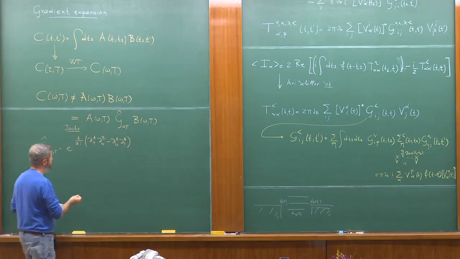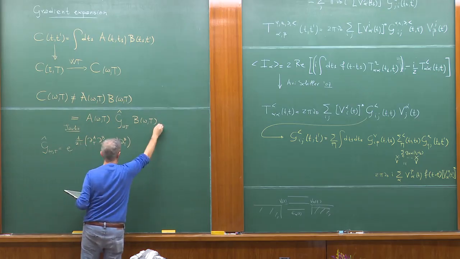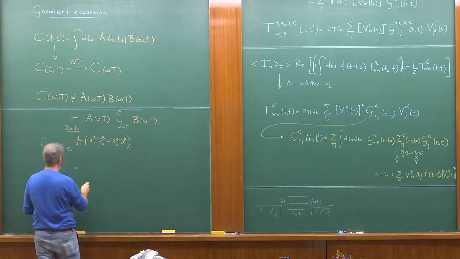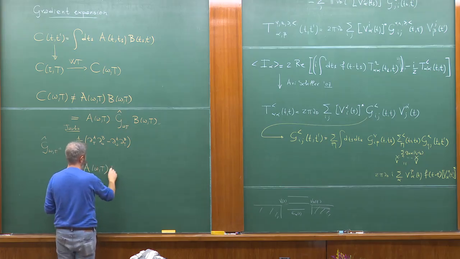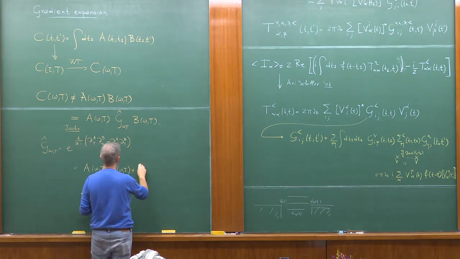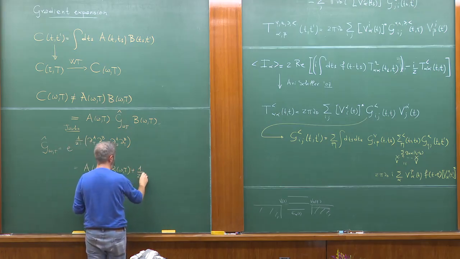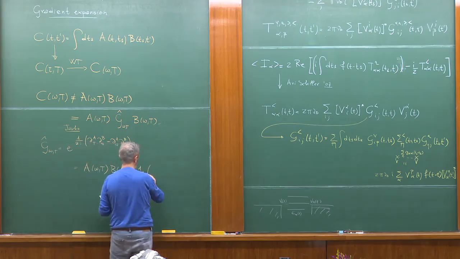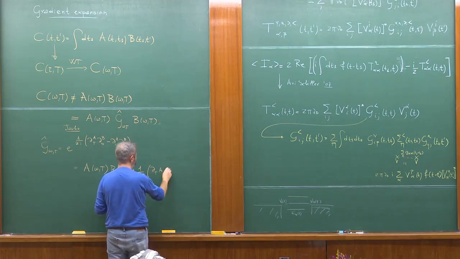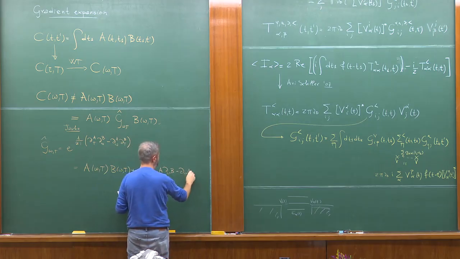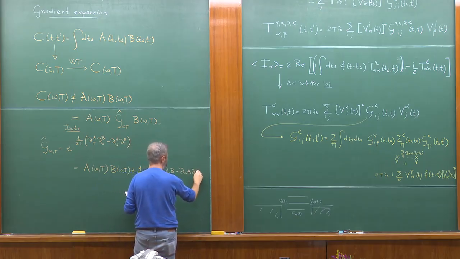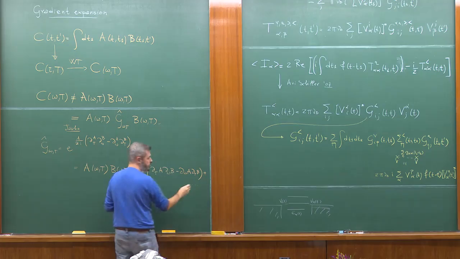So in practice, if you expand this to the first order in the gradients, you will get the product of Wigner transforms, and then plus 1 over 2i, you will have d_t A d_omega B minus d_omega A d_t B. And then you will have higher orders.